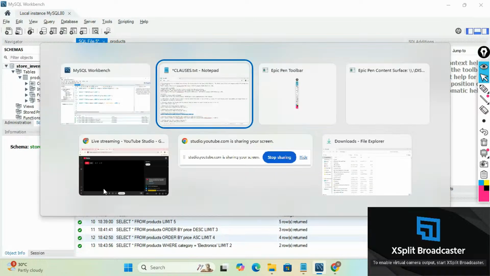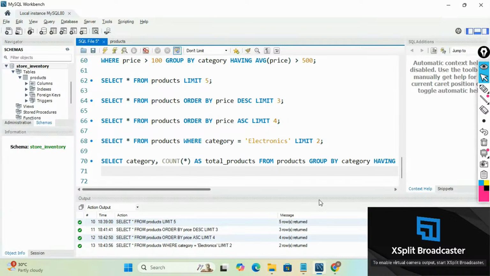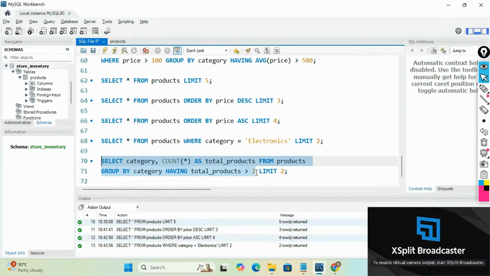Then one more, but this time, how many do you have? Again, I have 3. Group by, having, limit. Till here it is the same.